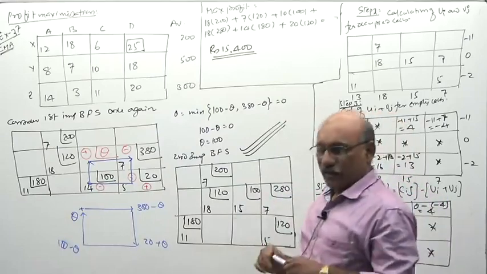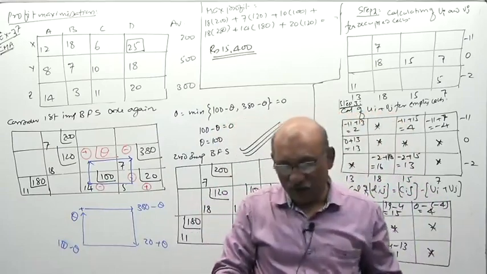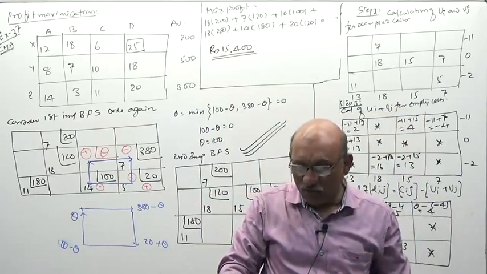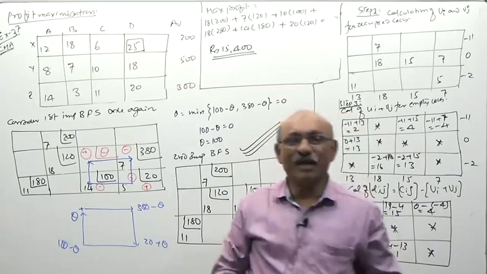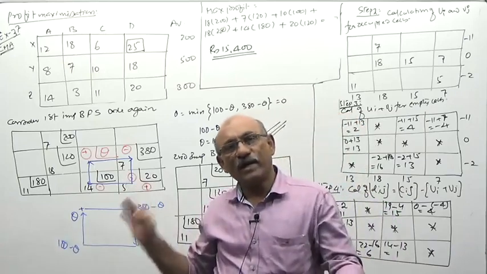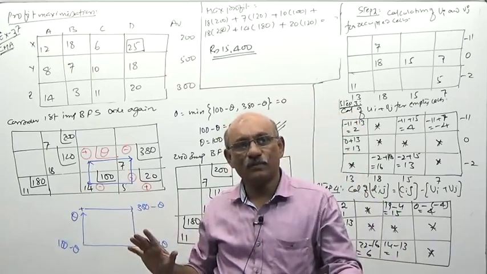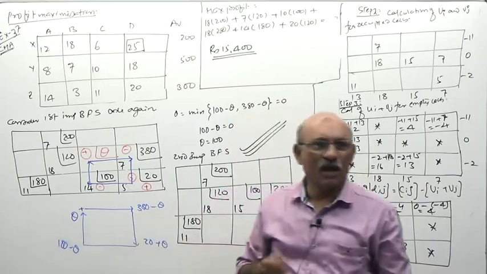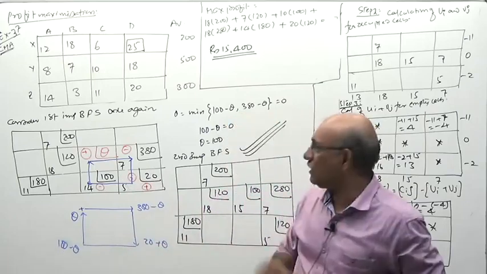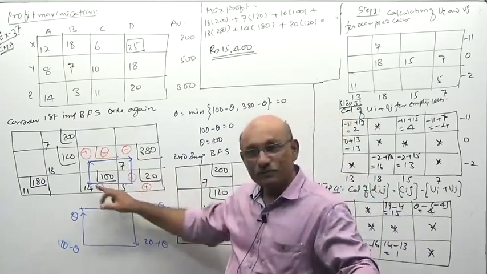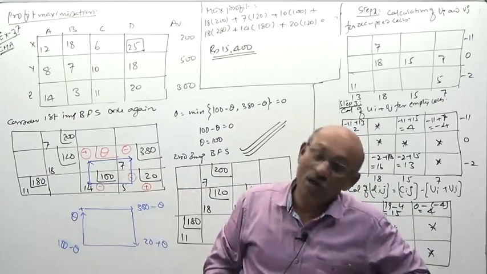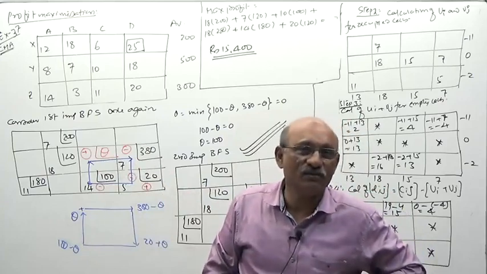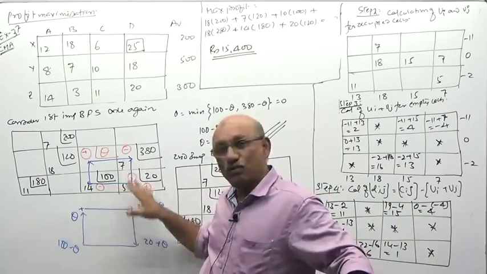So in this question, which is the toughest or most confusing part for the student when he is doing it the first time? Calculation of Ui and Vj values. After doing it 1 or 2 times you will get perfection. This loop, sir, not only intermediate students, final students are also getting confused at the time of forming this loop.